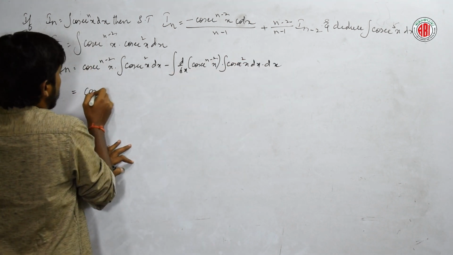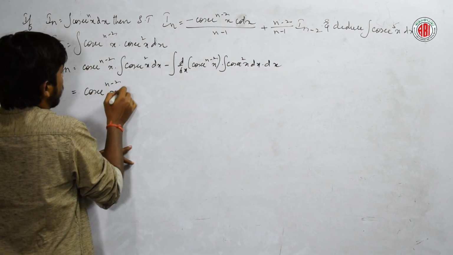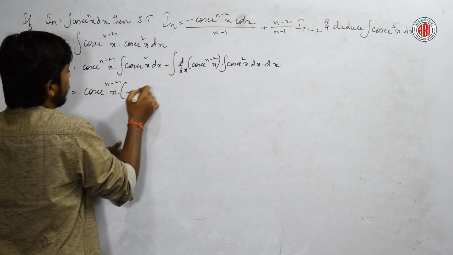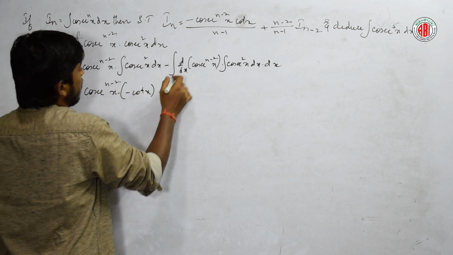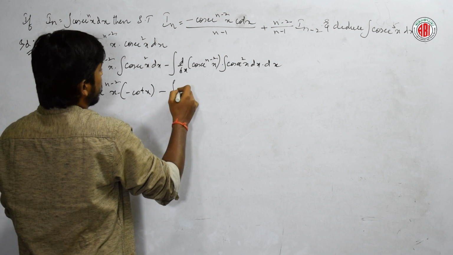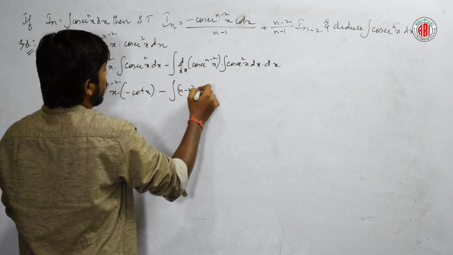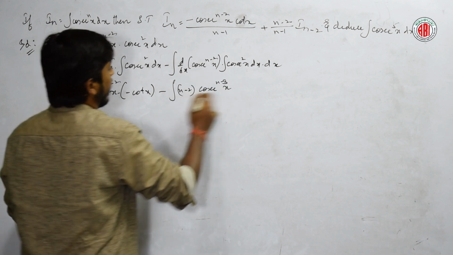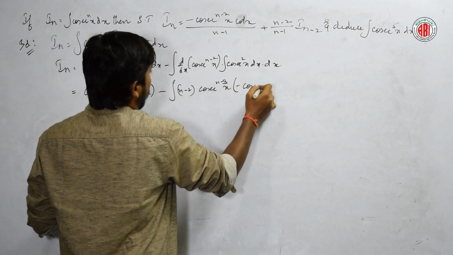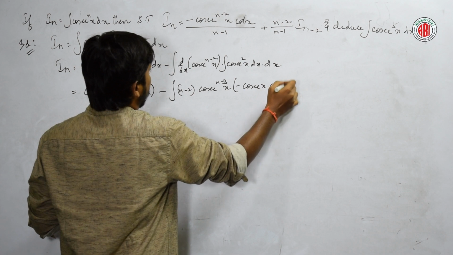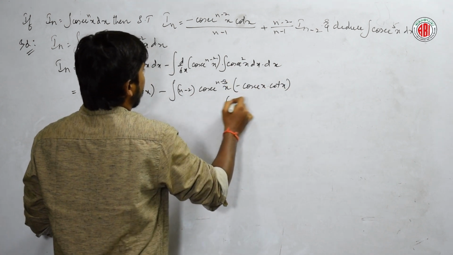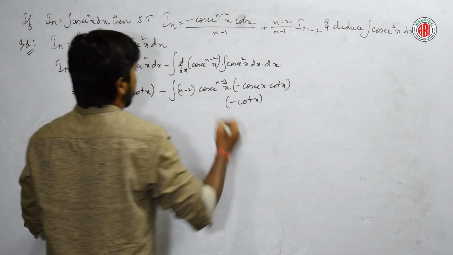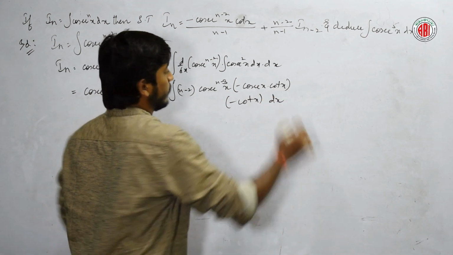Now, this is cosecant power n minus 2 x, and the integration of cosecant square is minus cot x. Now, here the differentiation of this is n minus 2 into cosecant power n minus 2 x into minus cosecant x cot x, into the integration of cosecant square, which is minus cot x, whole dx.